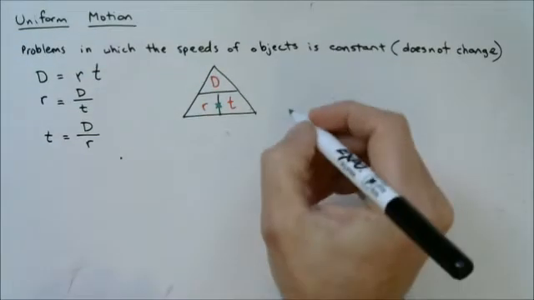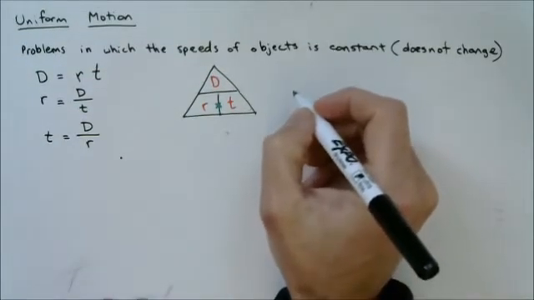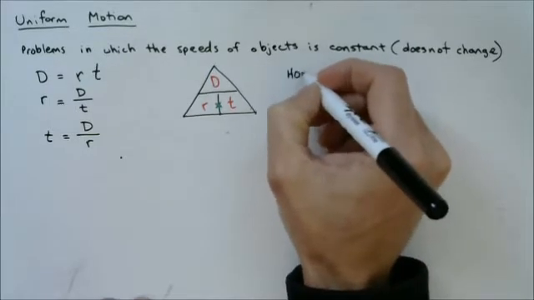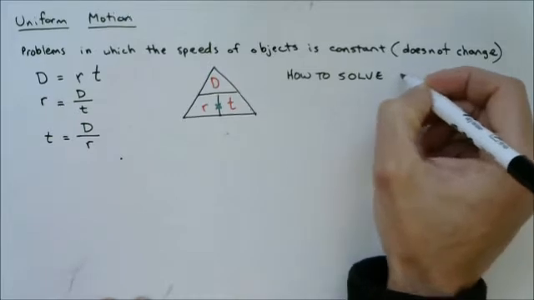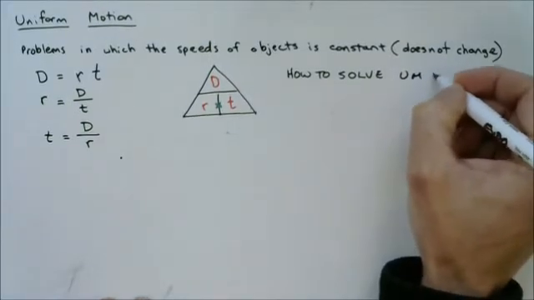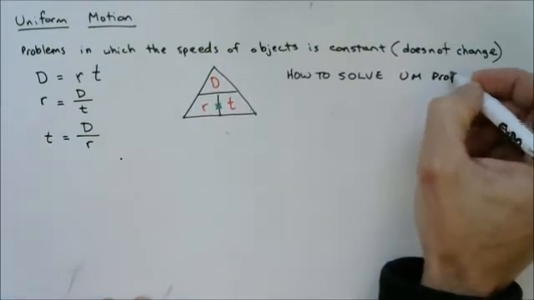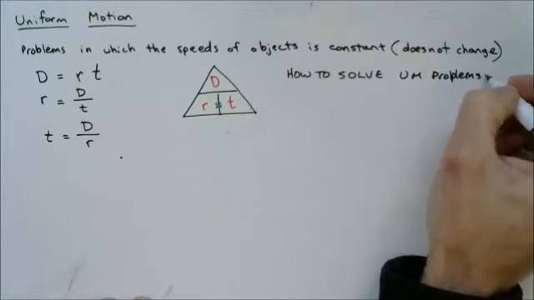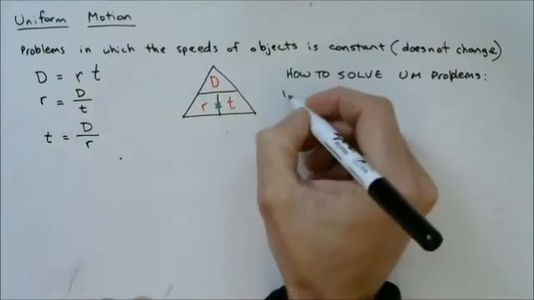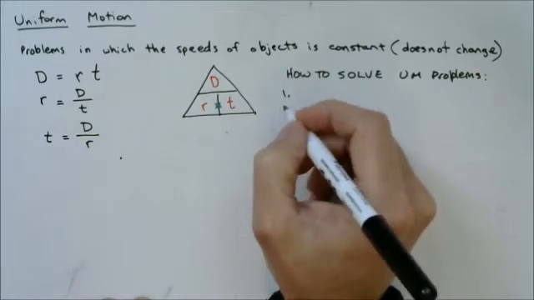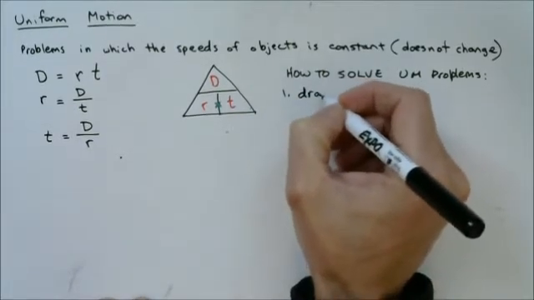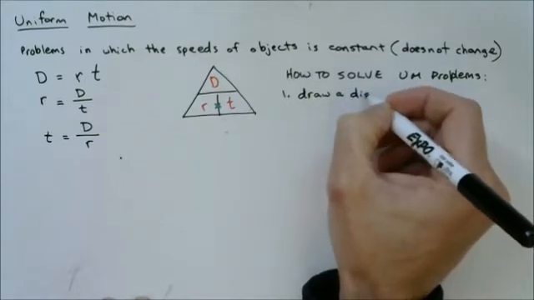And as we're working through these problems, we're going to follow a few simple steps. How to solve uniform motion problems. Step 1, after you read the problem carefully, we're going to try to draw a diagram.